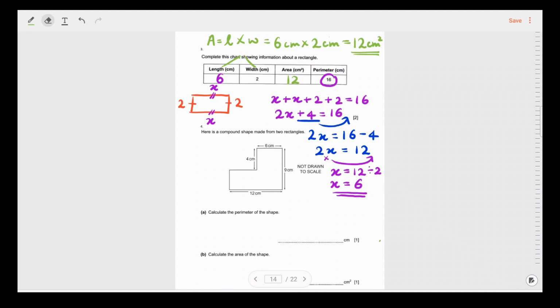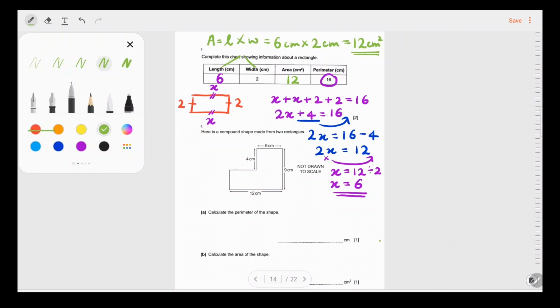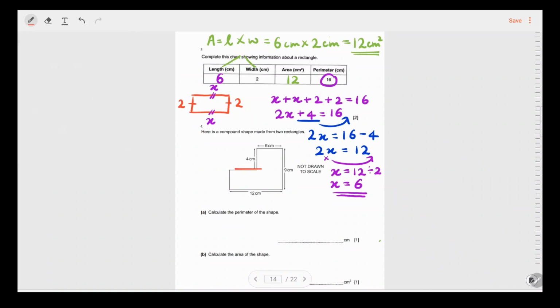Here we have a compound shape that is made from 2 rectangles. In order to find the perimeter of this shape, we first need to find the missing lengths. We have a missing length over here and a missing length over here.